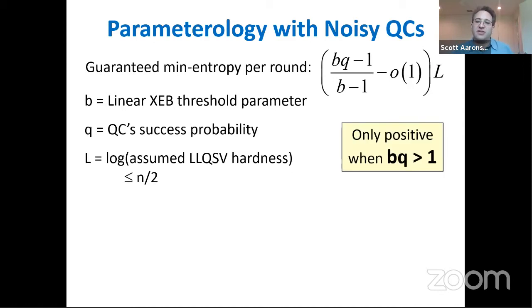So basically, you need b times q to be larger than 1 for this protocol to work at all, to get any rate of random bit generation.